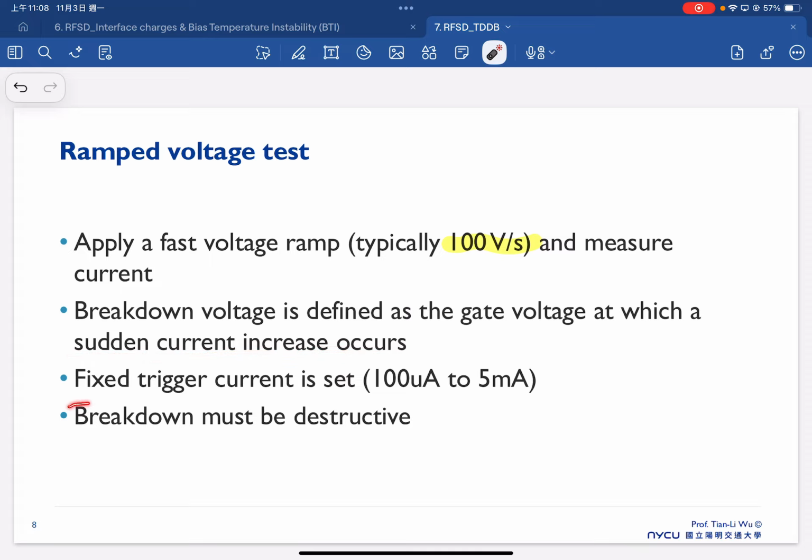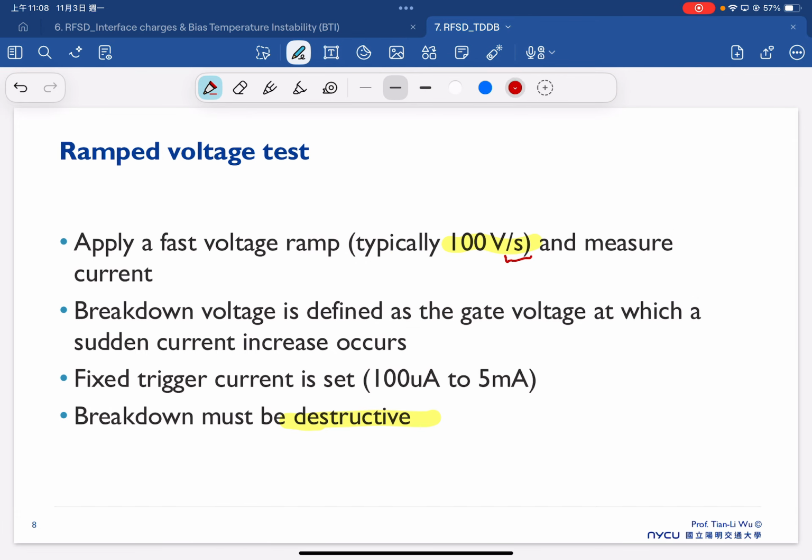We fix our trigger current as a criterion, and also have to be aware that the breakdown must be destructive here. So we can use this very fast voltage ramp to characterize our dielectric breakdown.